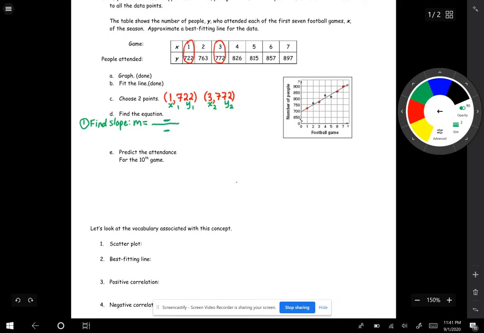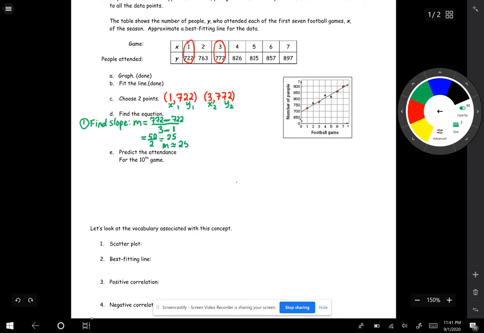And y2 goes first, so that's 772 minus 722, and the x's go on the bottom, so x2 first, x1 second, and then we're just going to do the math. So 772 minus 722 is 50. 50 divided by 2 is 25. So the slope is about 25.